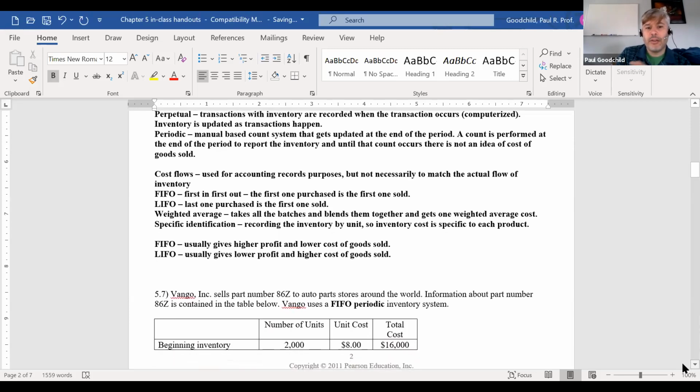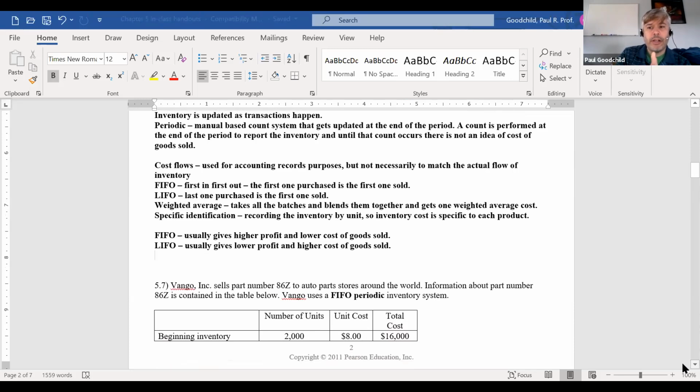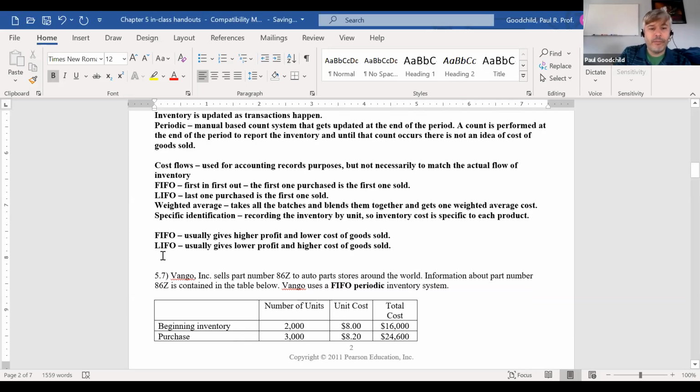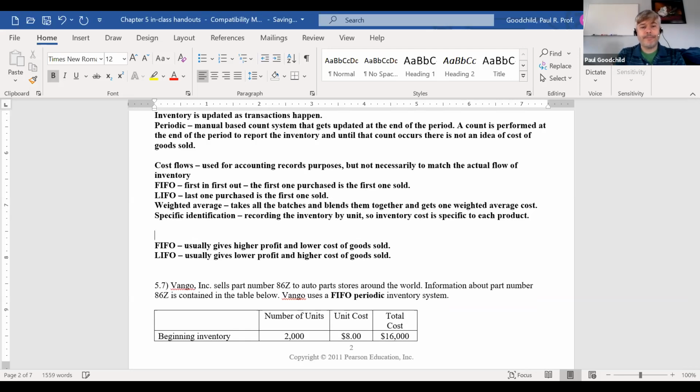And so you're taking the lower cost from the beginning of the year and leaving the higher cost at the end of the year in your inventory. And it's not always the case. That's when prices are increasing.